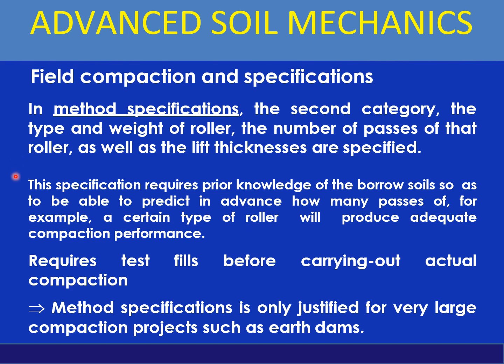This specification requires prior knowledge of the borrow soils so as to be able to predict in advance how many passes of, for example, a certain type of roller will produce adequate compaction performance. It requires test fills before carrying out actual compaction. Method specification is only justified for very large compaction projects such as earth dams.